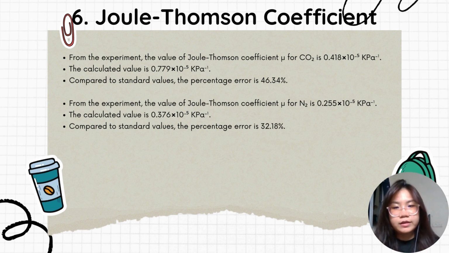For nitrogen gas, the experimental value of mu is 0.255 times 10 to the power of negative 5 Kelvin per Pascal, while the calculated value is 0.376 times 10 to the power of negative 5 Kelvin per Pascal. Comparing them, the percentage error is 32.18%.